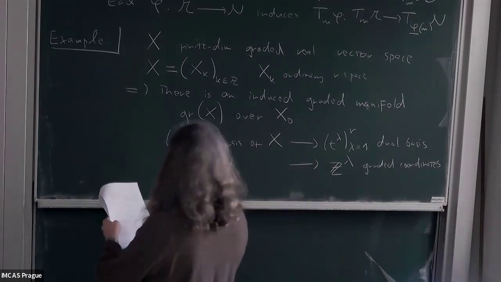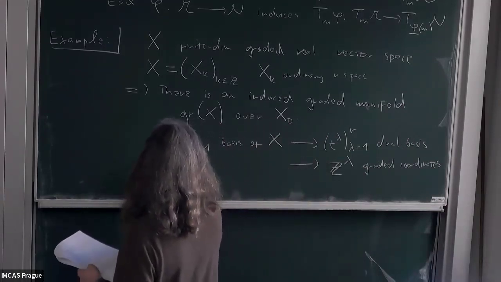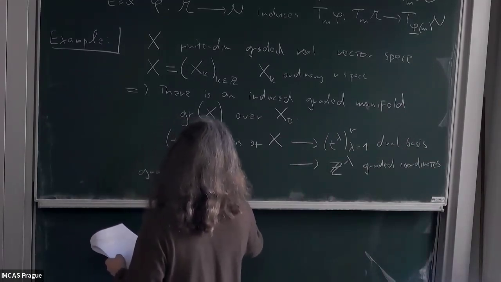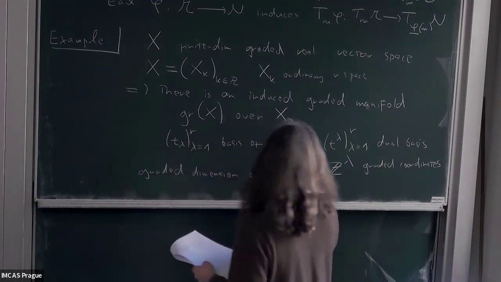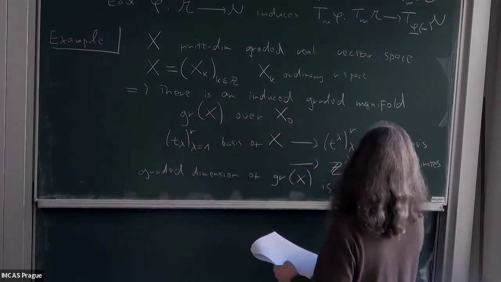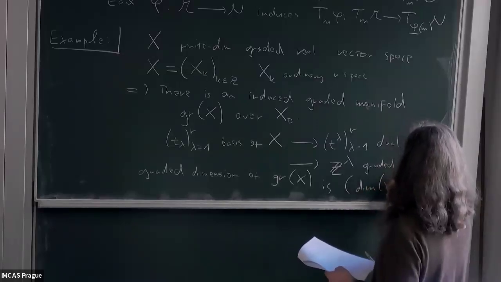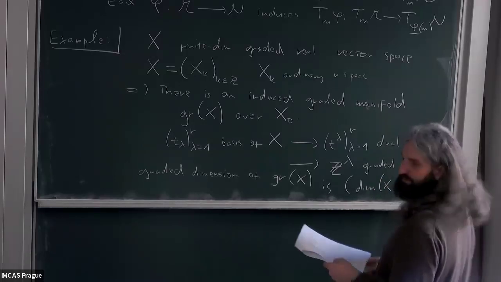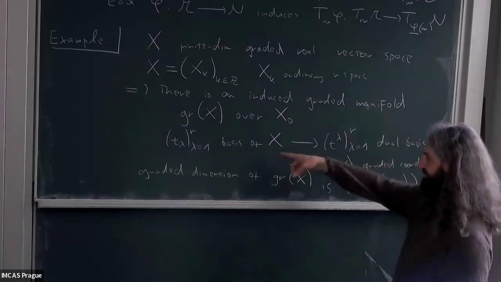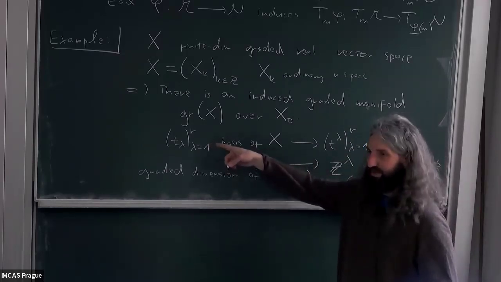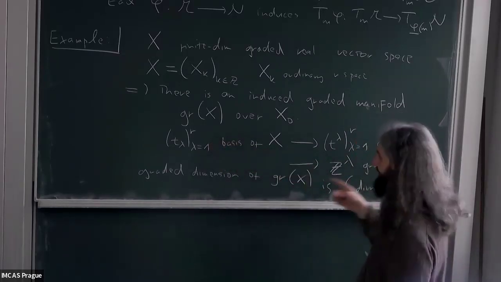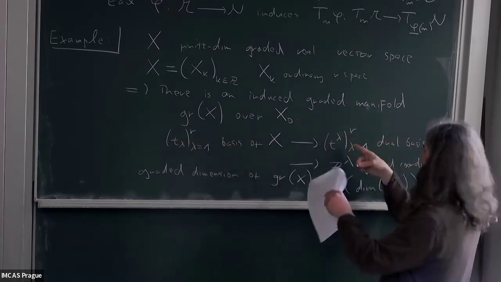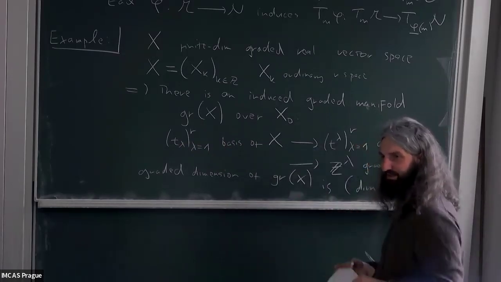So what is interesting is the graded dimension of GR X. This sequence is in fact a peculiar thing. It's ordered in the opposite way because of this duality, because you start with a basis. So there are precisely dim X_j of those elements, and the dual basis has the opposite degree, right?